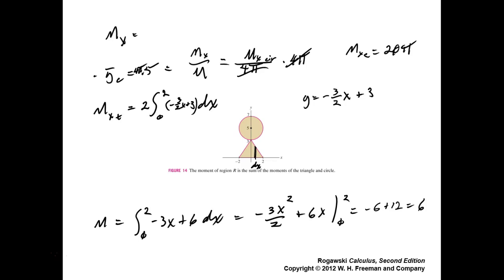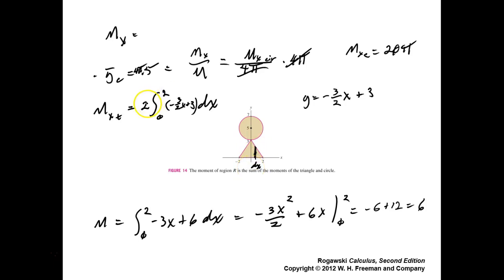Remember the midpoint? Remember the midpoint? You do that for each one of those. And what was the midpoint? Half of your y.